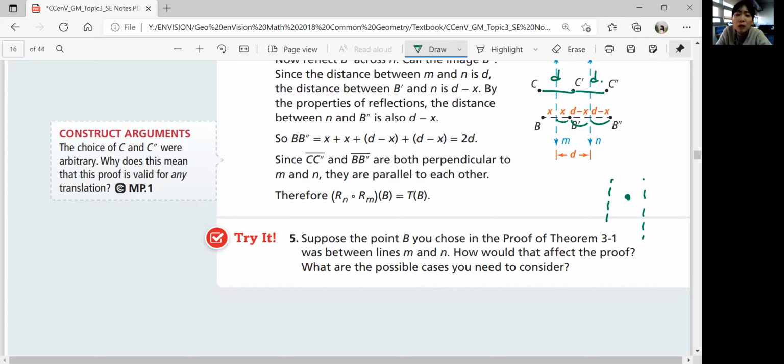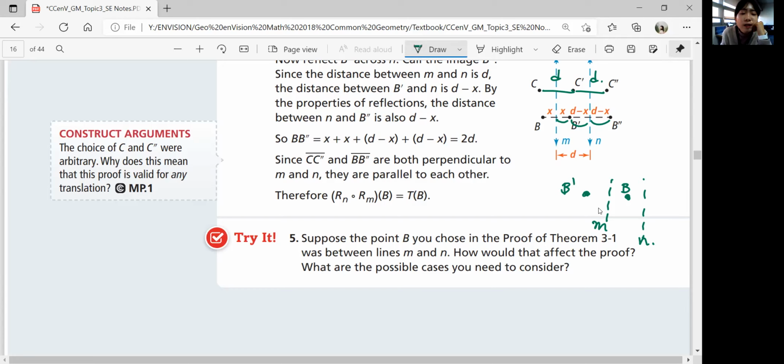We could still use the distances between the points. So you can still let the distance between point B and M be X. And then when you reflect B across M, the image B prime is the distance X from M, but on the other side of M. So if that's M, that's N, you can put B prime over here instead of in the middle.